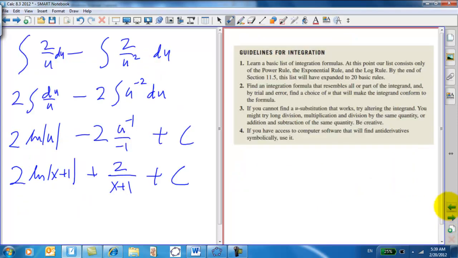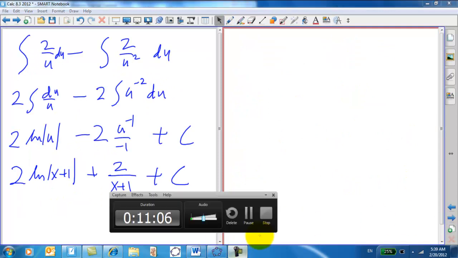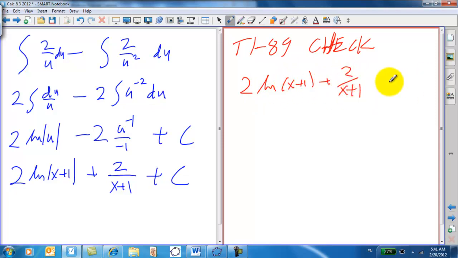Let's do our TI-89 check on this one too, just because I've been known to make mistakes. I checked this on the TI-89, and I think I'm even now, because the TI-89 gives 2 natural log of x plus 1 plus 2 over x plus 1. Of course, it forgets the constant of integration. But note this: the TI-89 doesn't know about that absolute value restriction on the x plus 1.